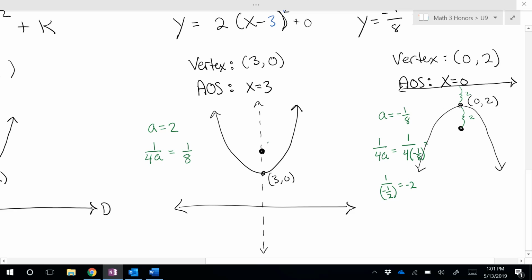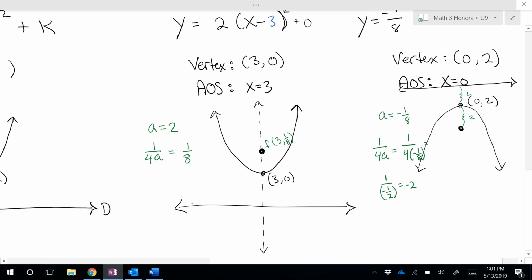So what's the coordinate of my focus here? If this point is (3, 0), and I have to go up 1/8 to get to the focus from the vertex, what would the coordinate of my focus be? So I don't move left or right, so the x value stays the same, and I need to go above 0, so I'm going up 1/8 from 0, so (3, 1/8) would be the focus.